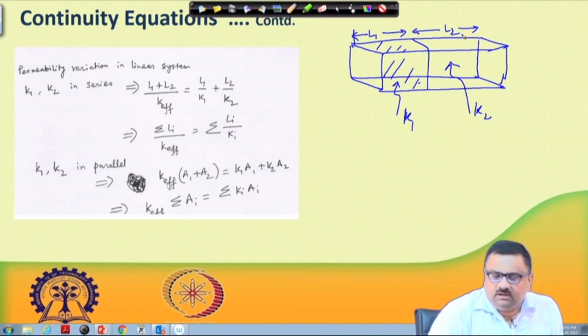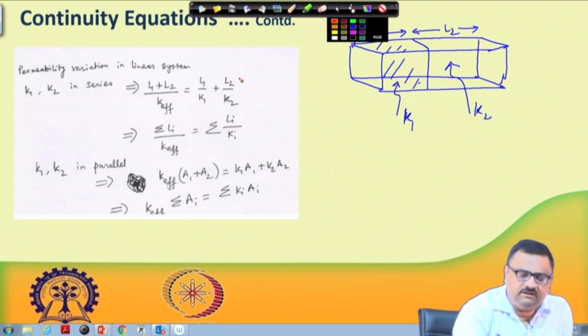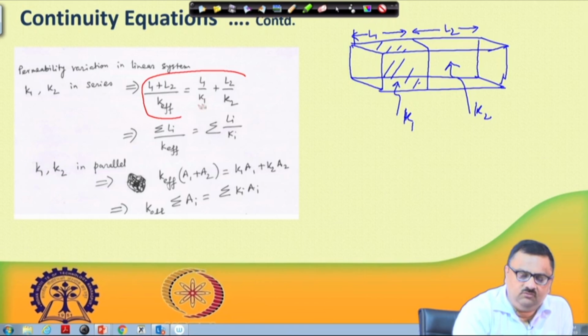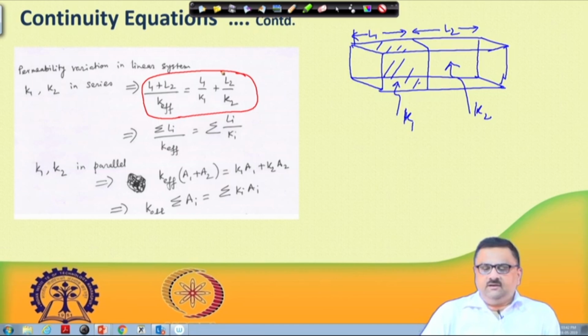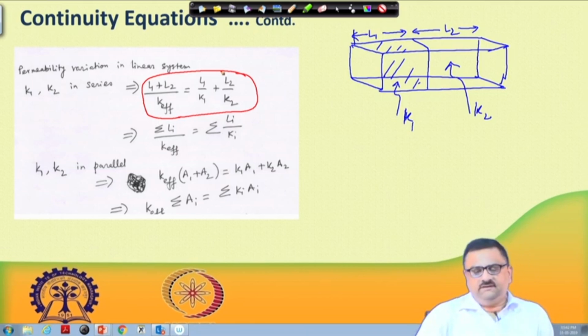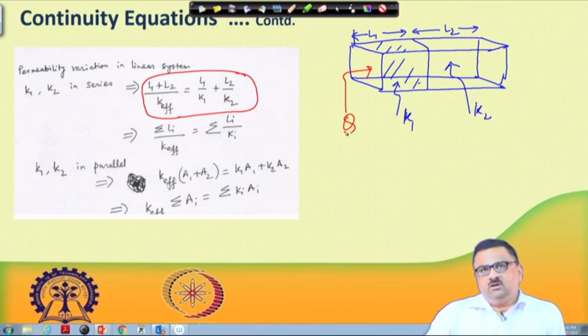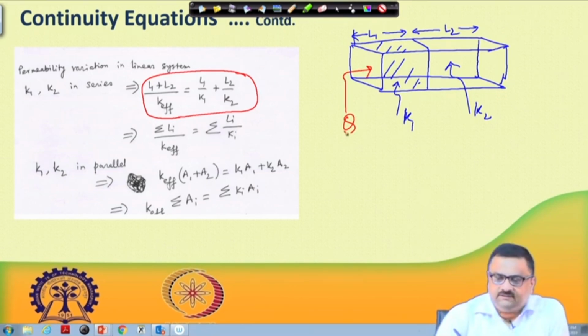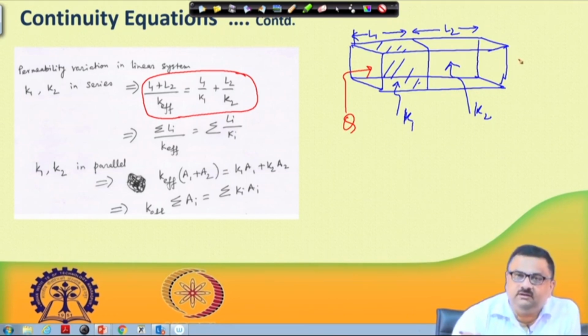So, now what we write here is that L1 plus L2 divided by K effective is L1 by K1 plus L2 by K2. Why are we saying this? One thing you must appreciate here is that whatever flow is taking place, I am injecting a flow rate Q. Whatever Q is going in goes through the L1 section, and then it is further traveling through the L2 section.